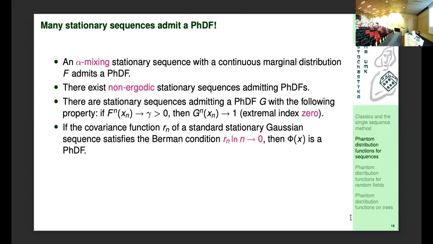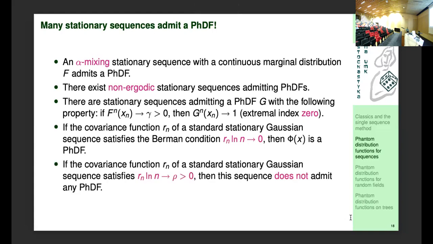Some standard examples: if the covariance function of a standard stationary Gaussian sequence satisfies the Berman condition, r_n log n going to 0, then phi of x, the standard normal distribution function, is a phantom distribution function for our sequence. But if this Berman condition is violated, then this sequence does not admit any phantom distribution function.